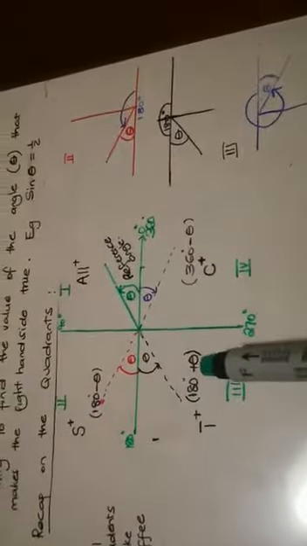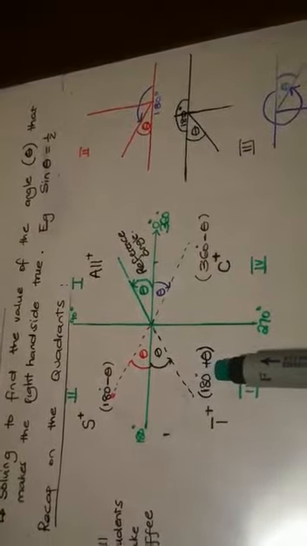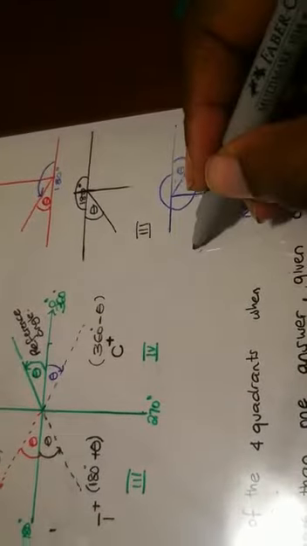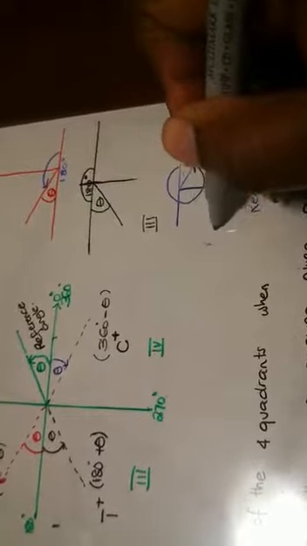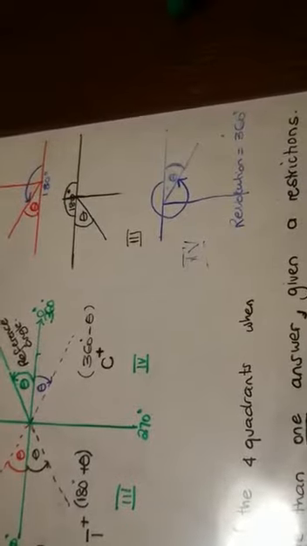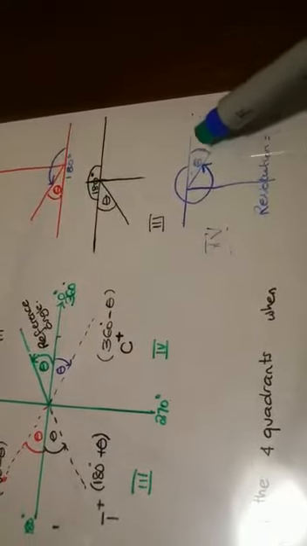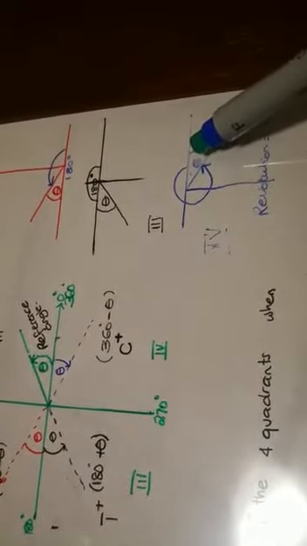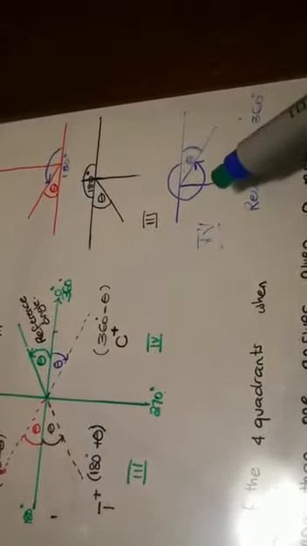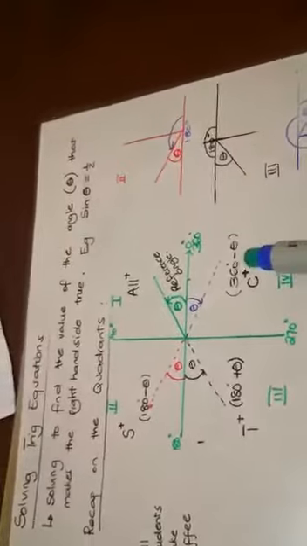On the fourth quadrant, the whole revolution is 360 degrees. If I've got this portion here and I'm looking for only this reflex angle, it's going to be 360 minus theta.